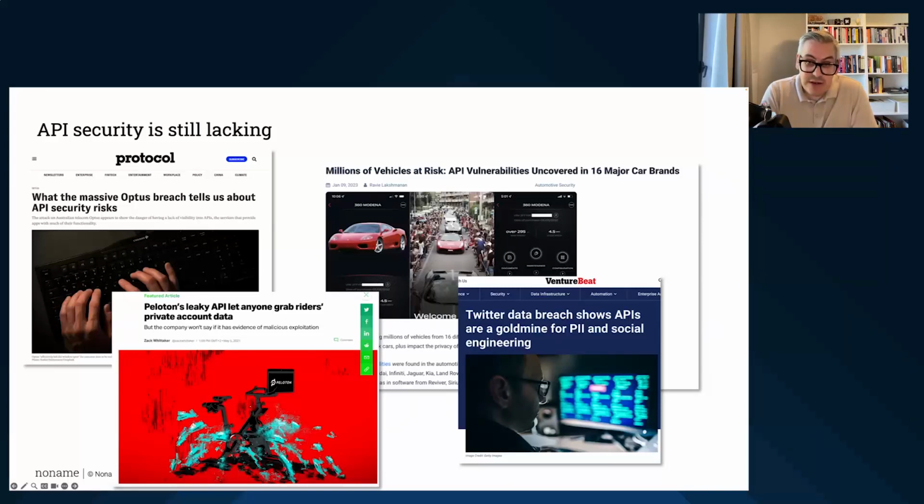There's this research project on the API vulnerabilities of 16 major car brands and their mobile applications. So a lot of this data is up for grabs on the basis of these APIs, which means that we are severely lacking in protecting what's important going forward from an organizational perspective.